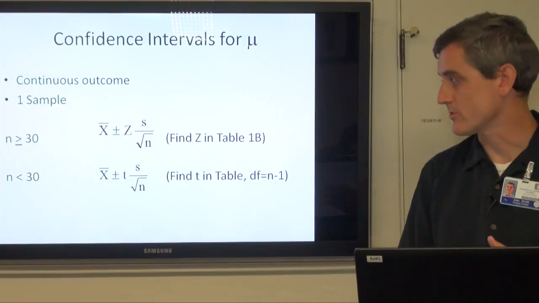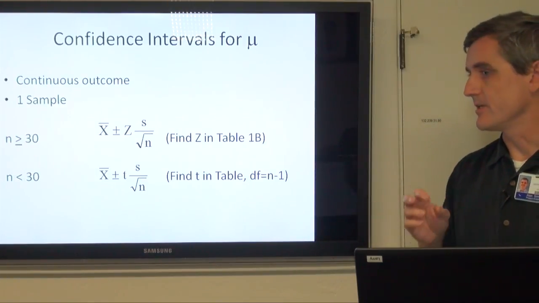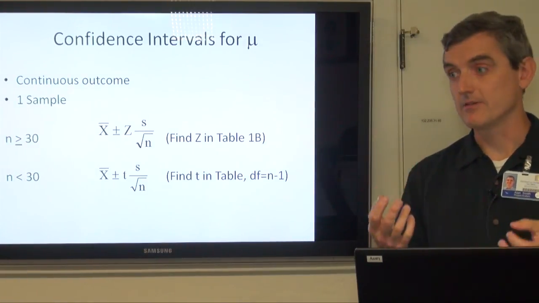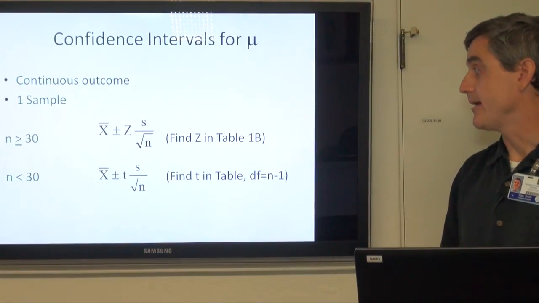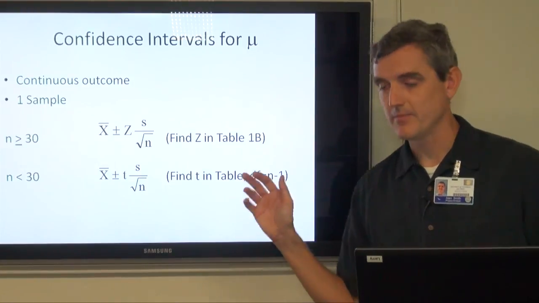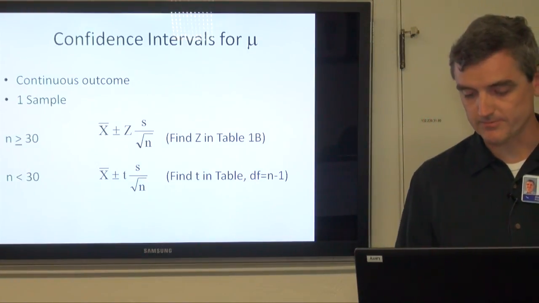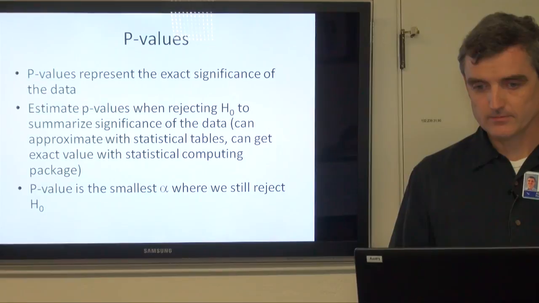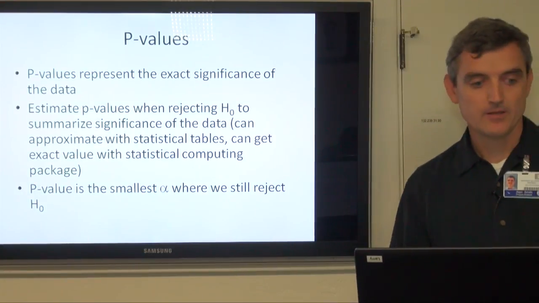That's just a term we use for the number of values that it is free to take, and that happens to be the sample size minus 1 for a t distribution.